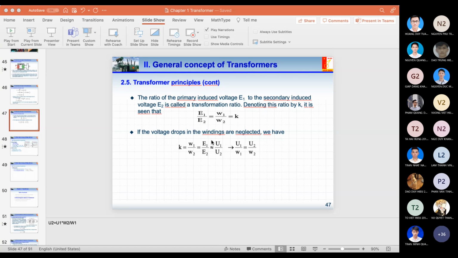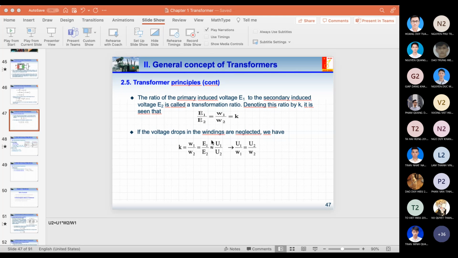Yes, I understood what was said. But I mean, why do you think the number of W2 is bigger than W1? Normally you can change either W1 or W2, the turns of W1 or W2.